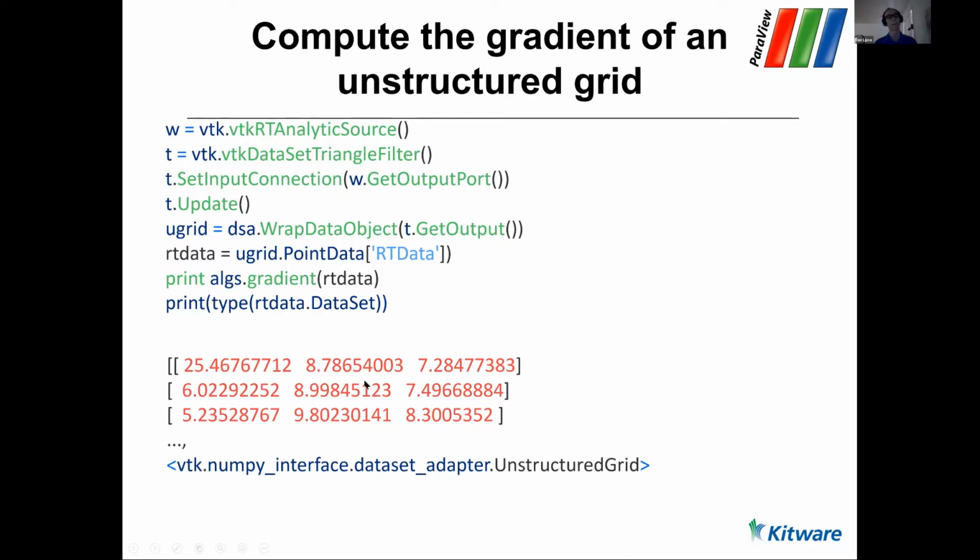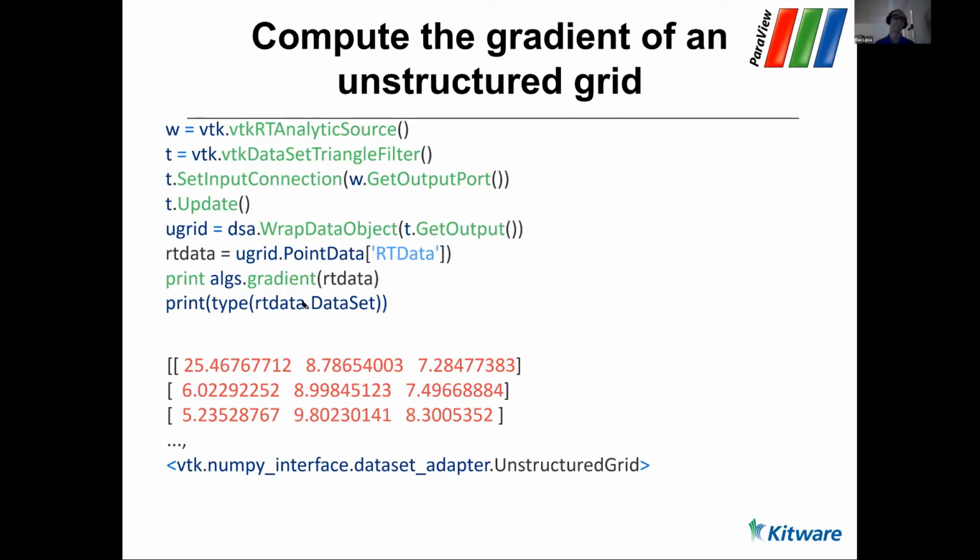So here we print the values, and also we print the fact that RT data.dataset, the array on which we apply the gradient processing, has a pointer to the actual dataset, because it needs the dataset to know the connections between points.